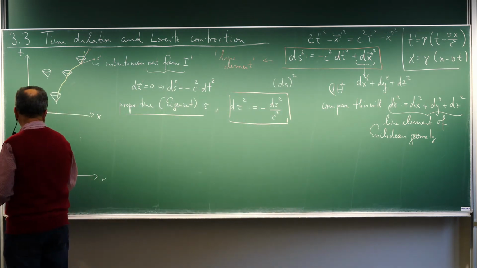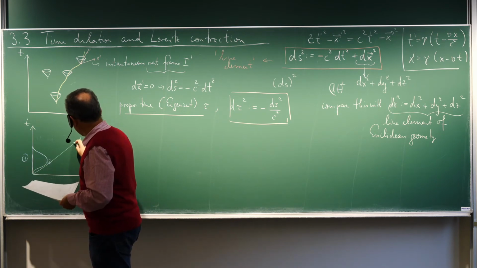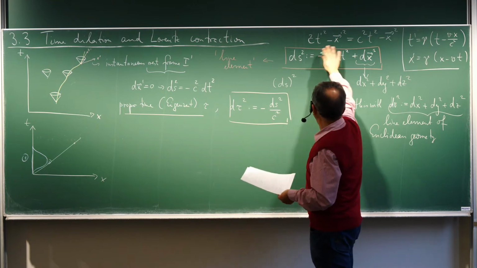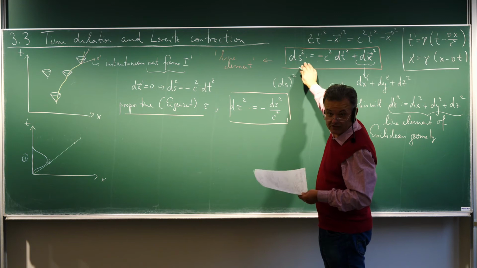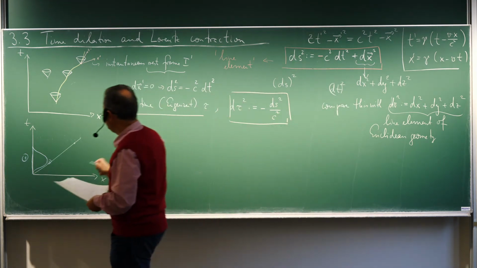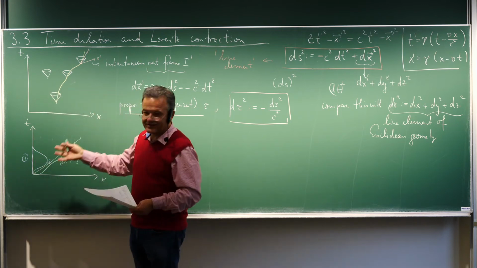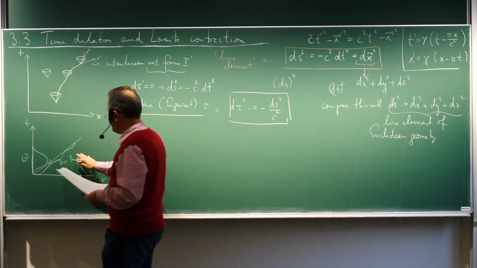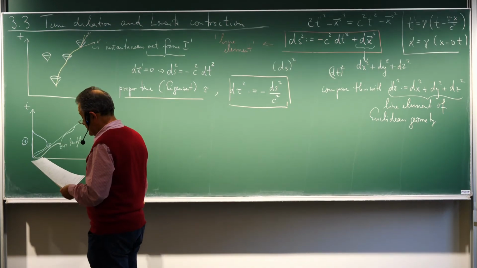Light propagation means that ct is x, so ds squared is equal to 0 exactly and always. So this has zero length, although on the blackboard it appears to have some length. This is extremely important.